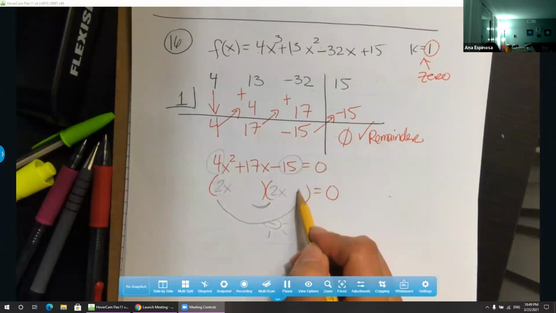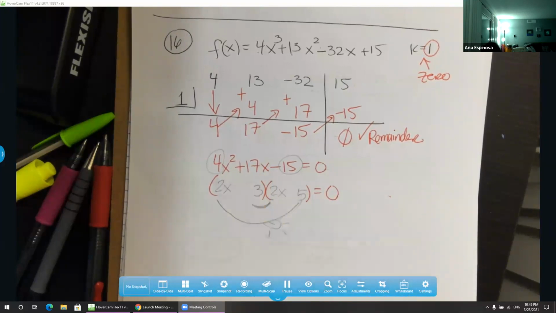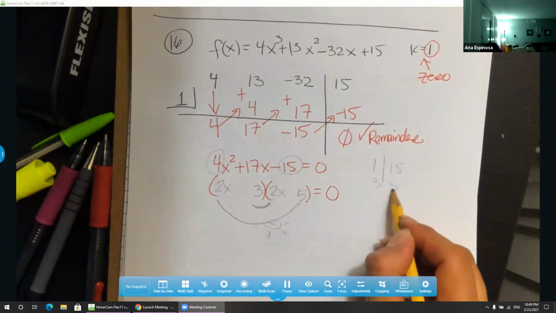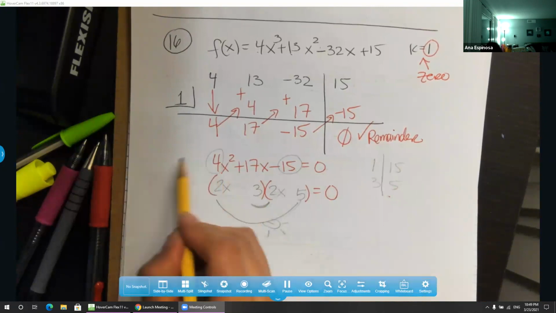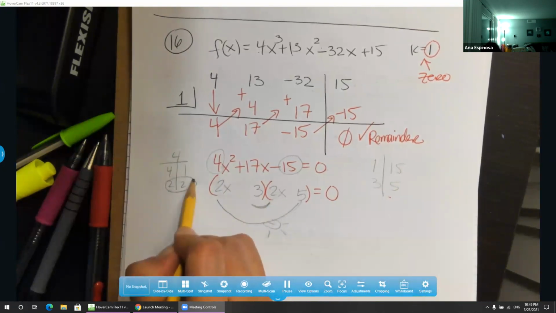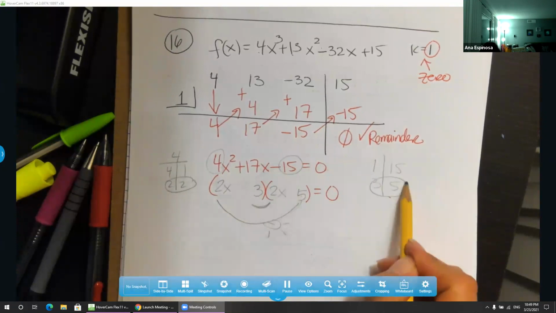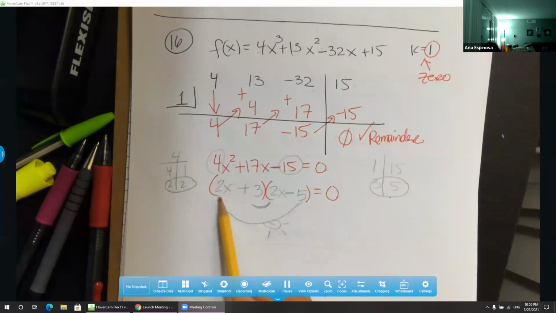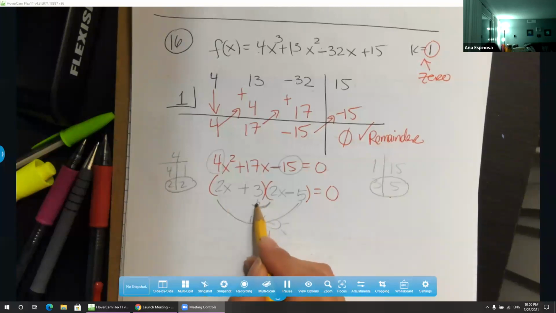So let's try 5 and 3. Factors of 15 are 1, 15, 3, and 5. I only have 2 pairs to choose from. Factors of 4 are 4, 1, 2, and 2. So I've chosen this one with that one. This is a negative. They're opposite signs. So I get 10x. This will give me 6x.